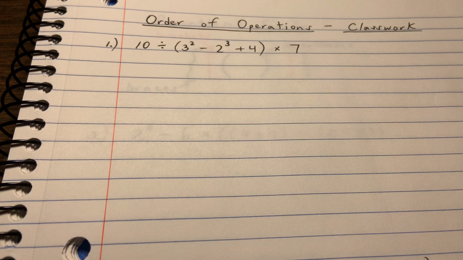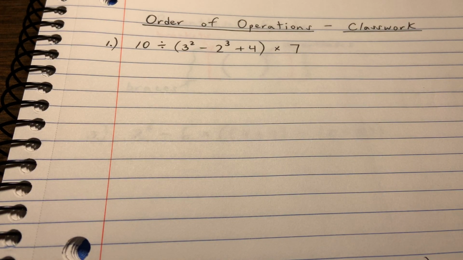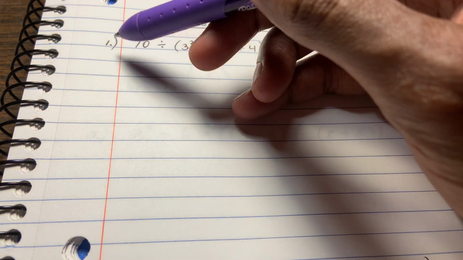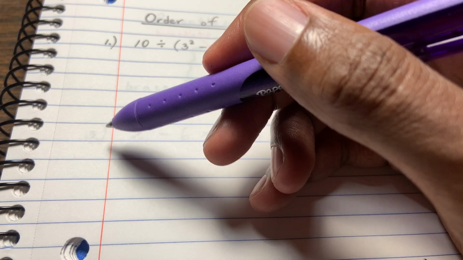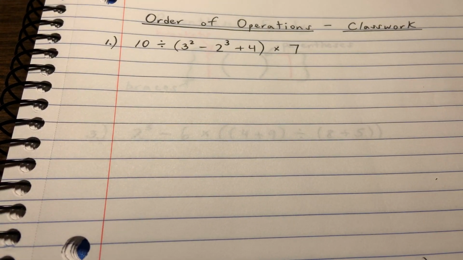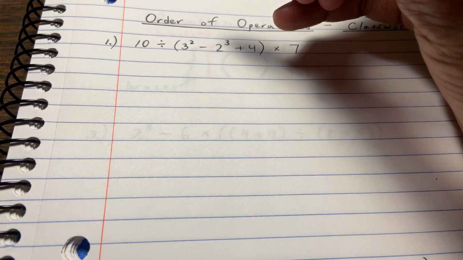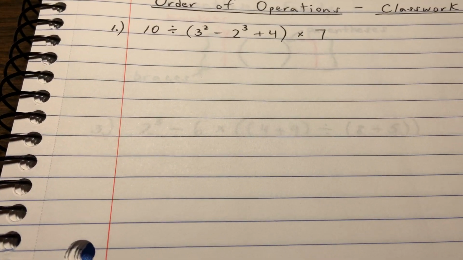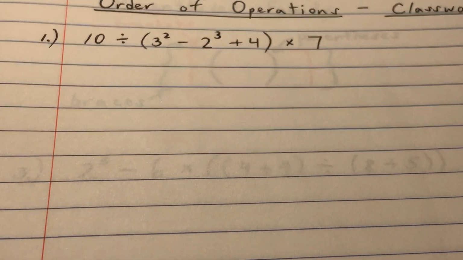First thing, ladies and gentlemen, you should always write your steps. You see this red margin right here? Inside the red margin, I'm going to write my steps for order of operations. Now, I'm going to do it in a very simple way. Watch me. Very simple way. Okay?